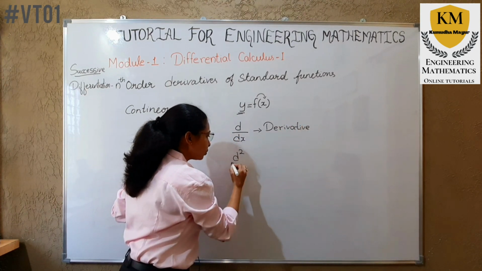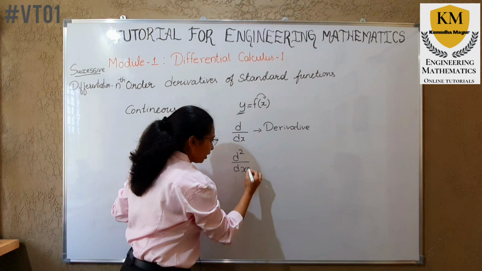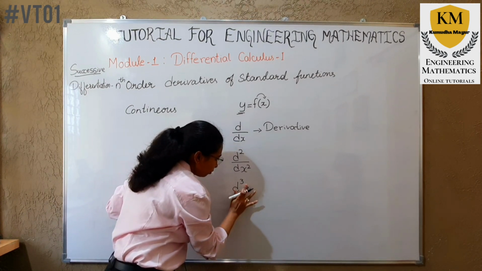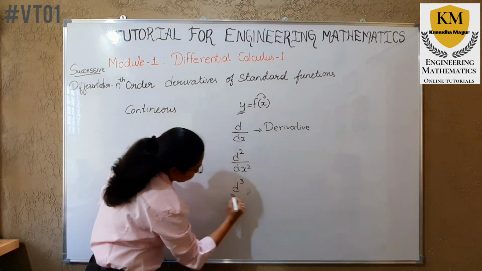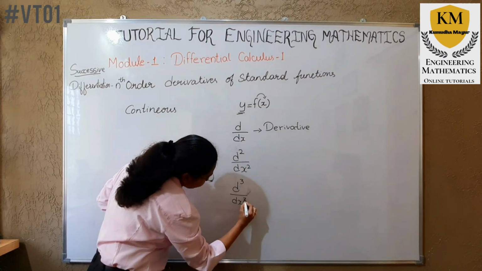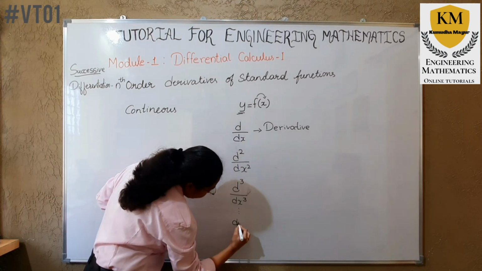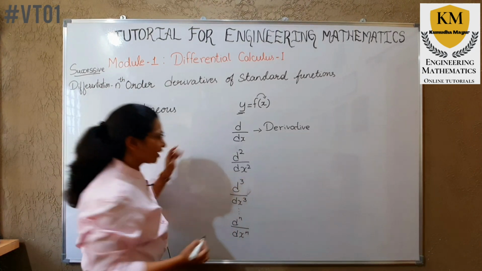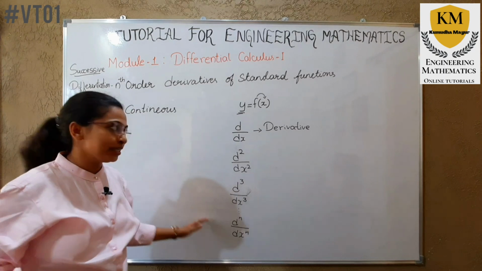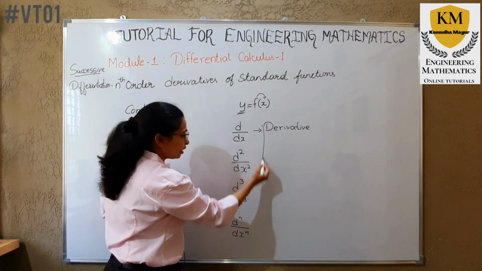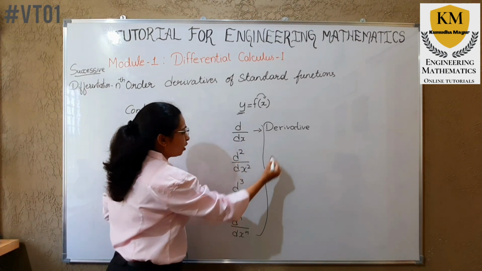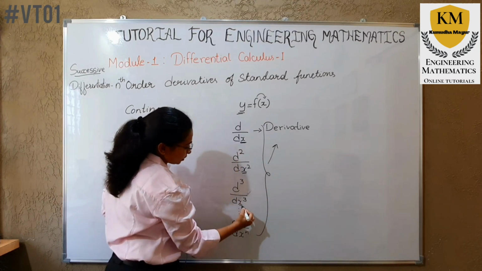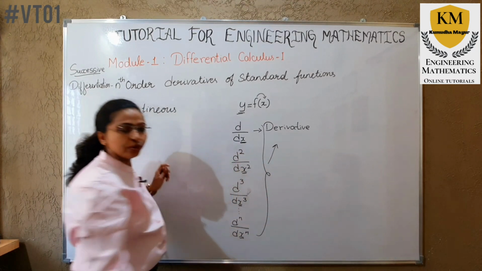Also d square by dx square, d cube by dx cube, up to d n by dx n. What exactly does this terminology say? Of course, all are derivatives with respect to x. This is most important, with respect to x.